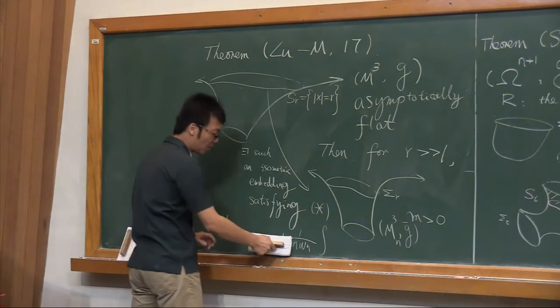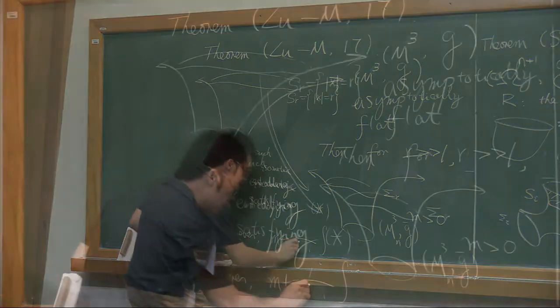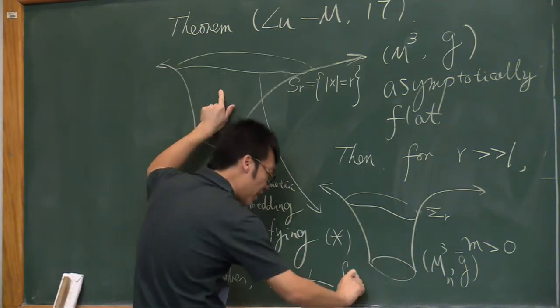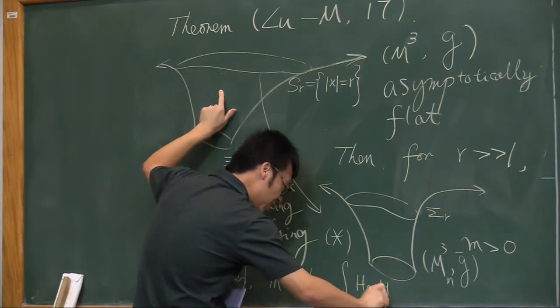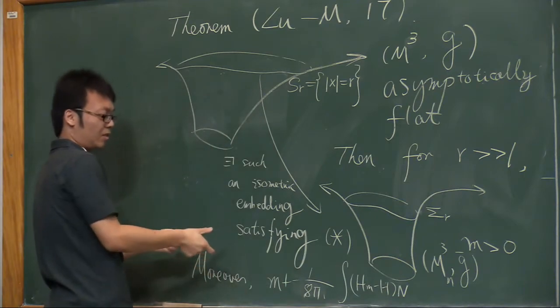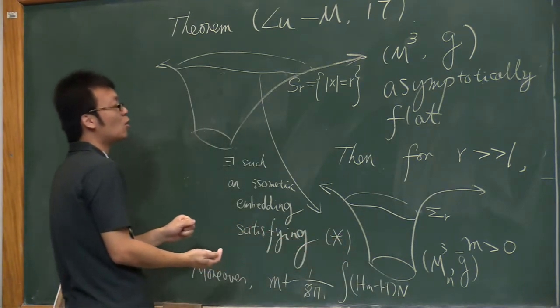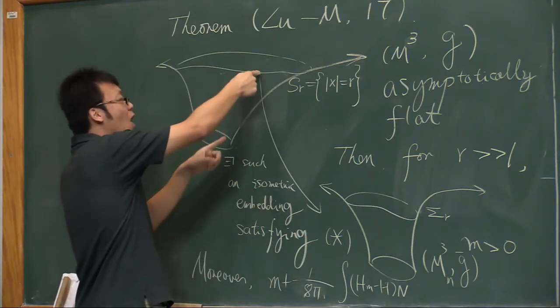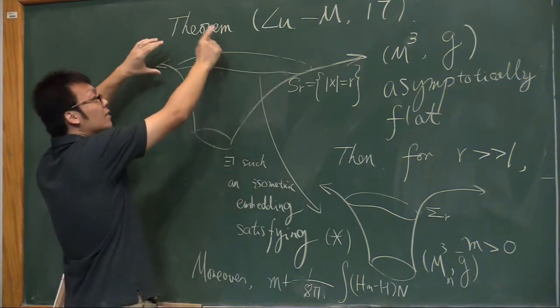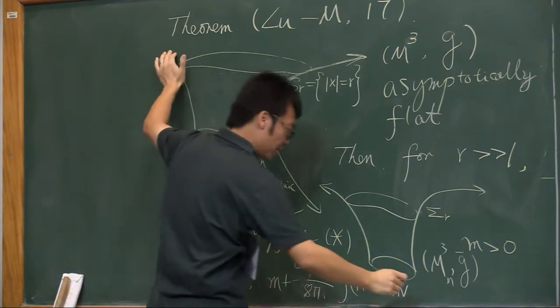So this normalizing factor is just 4 pi. The integral of Hm minus H times n, then such a quantity can be shown to limit along this particularly given isometric embedding to the total mass of this asymptotically flat manifold.